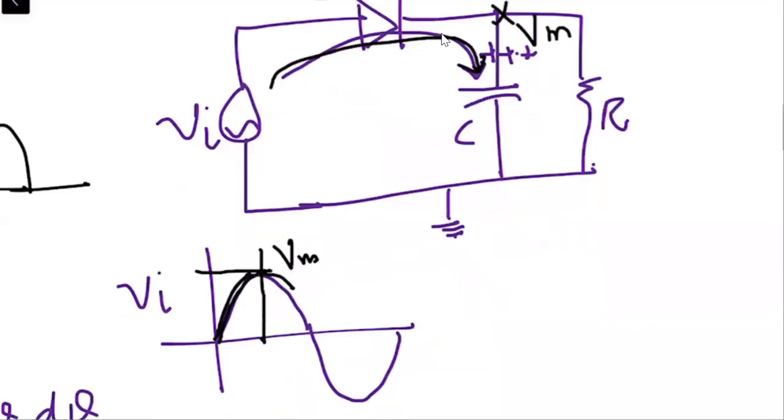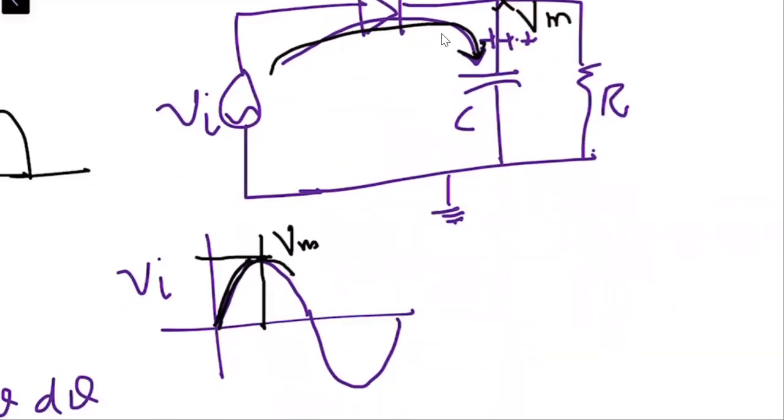Why? Because the input value is now decreasing from its Vm value.